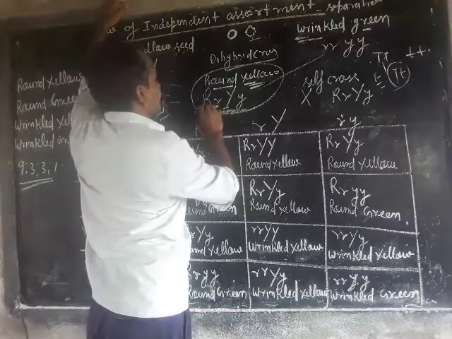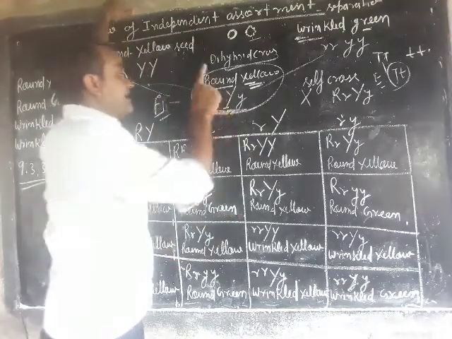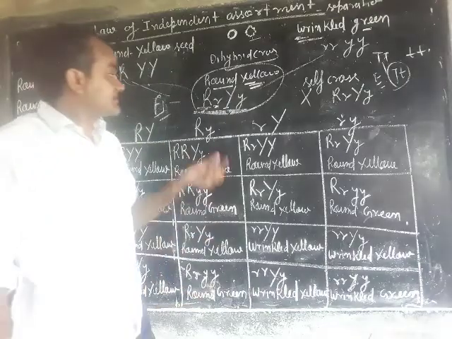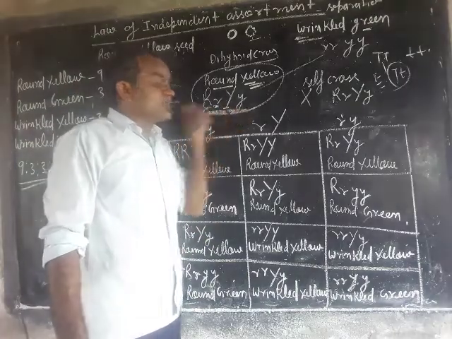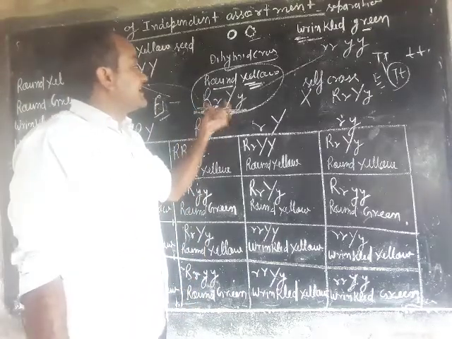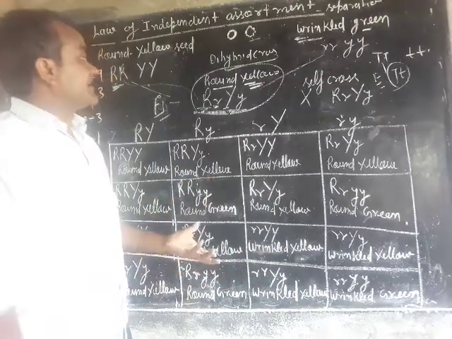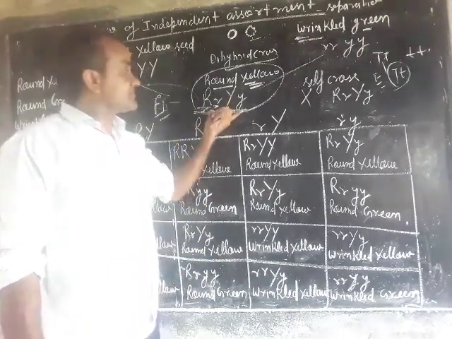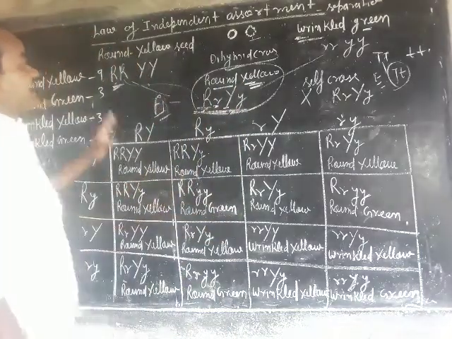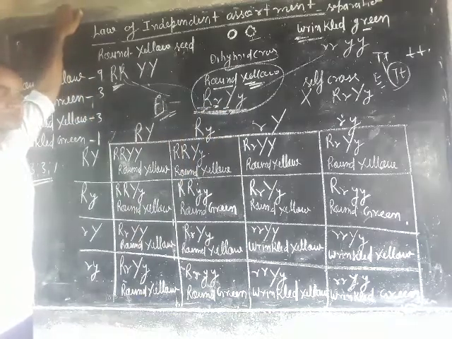Here capital R and capital Y show the dominant characters, and small r and small y show the recessive or hidden characters, which were not expressed phenotypically in the F1 generation. Only round and yellow phenotypic characters were expressed in the F1 generation.